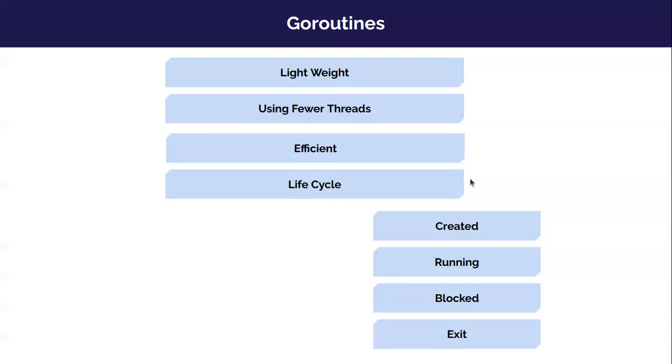And finally the exit: when the goroutine is terminated and resources are released, it is said that it has exited. Okay, now let's discuss the wait group. We will see an example of a wait group, but before that, let's see some functions.